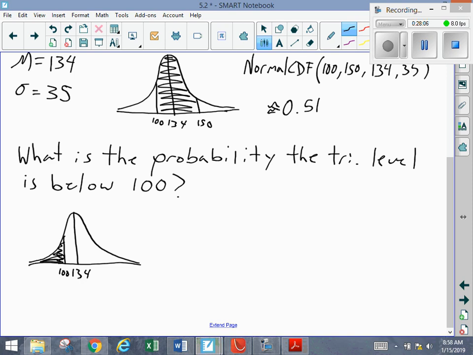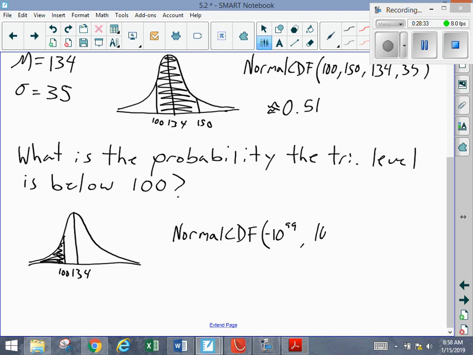So how would we write down our answer? Just like this. Just write down what you have on your calculator, normal CDF. I'll just write negative 10 to the 99 as our lower bound. You can just write exactly what's in the calculator. Just remember that E thing in your calculator is saying times 10 to the 99, okay?